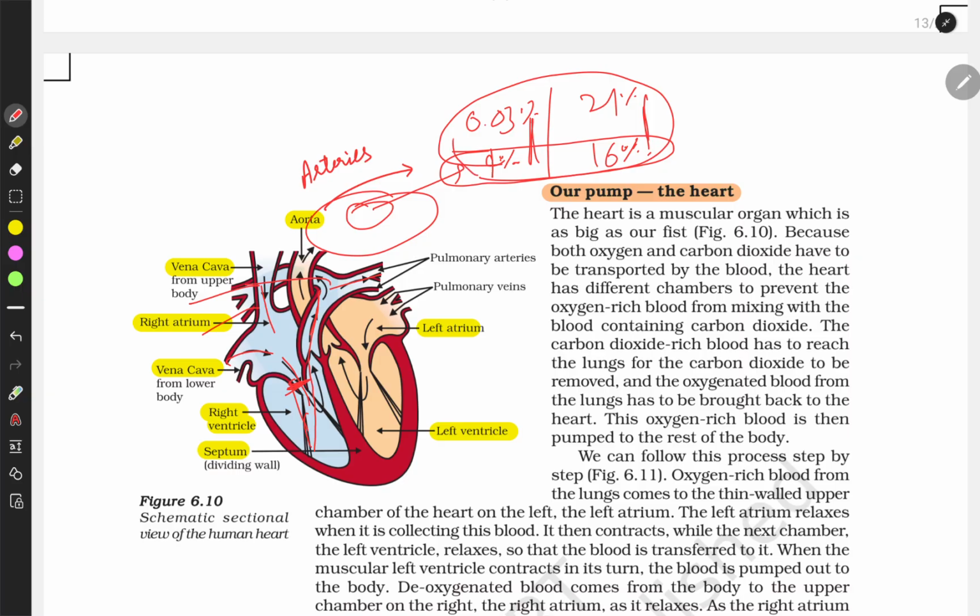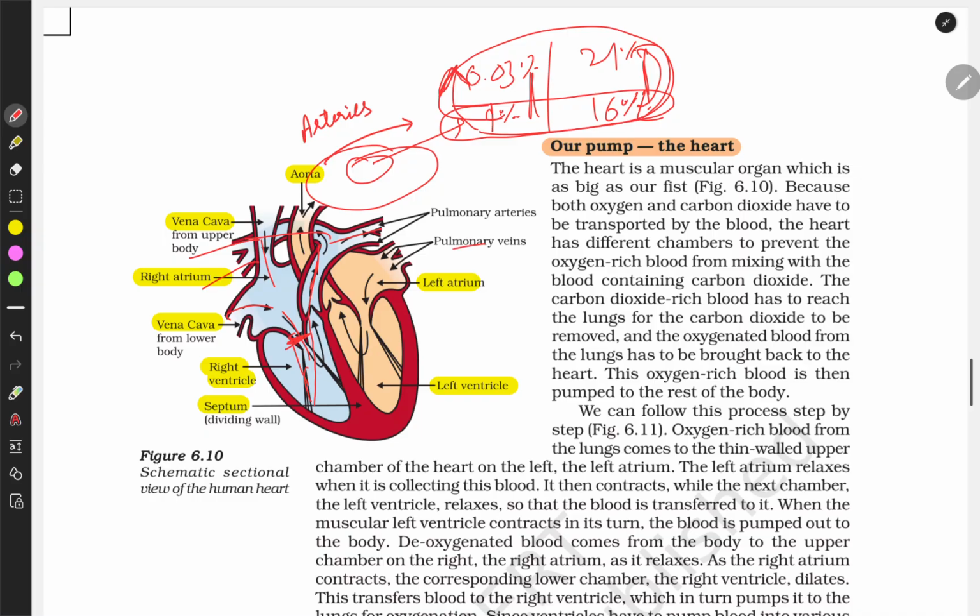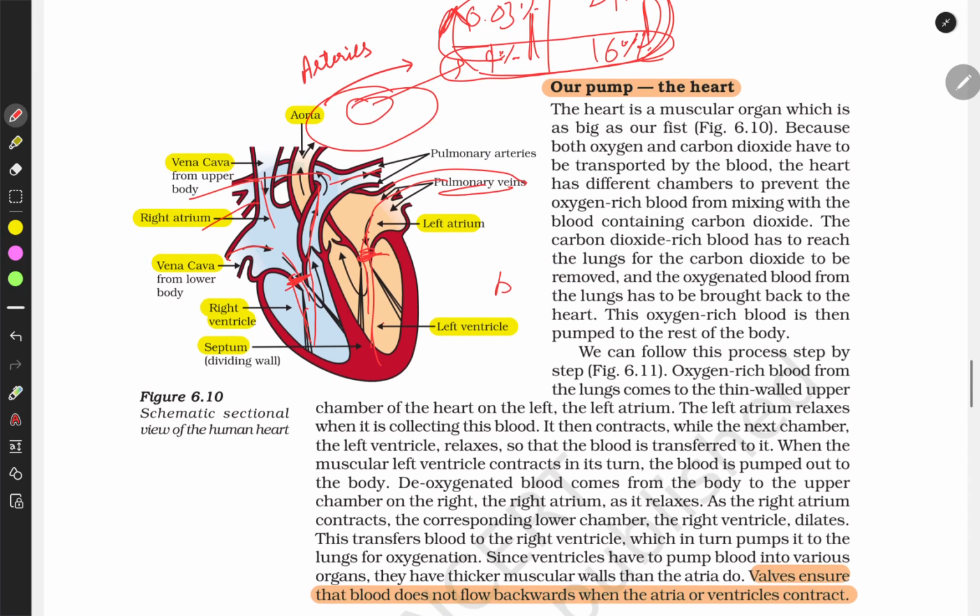The carbon dioxide goes out by diffusion, and oxygen comes into the blood by diffusion. Then the oxygenated blood comes through the pulmonary veins, and when the heart pumps, this valve closes, and the oxygenated blood goes this way to the different parts of our body.